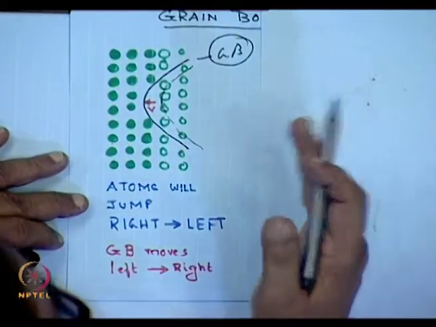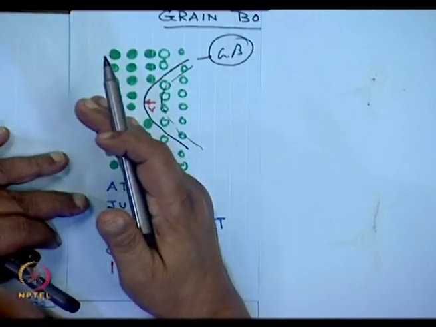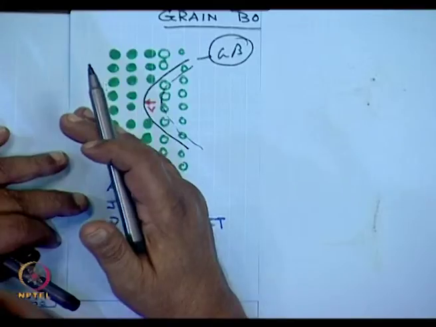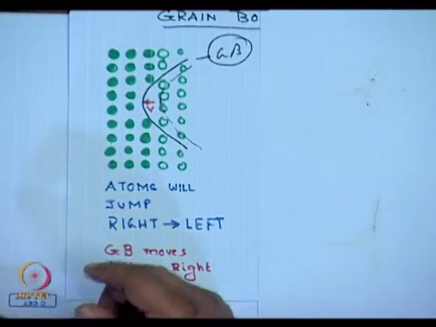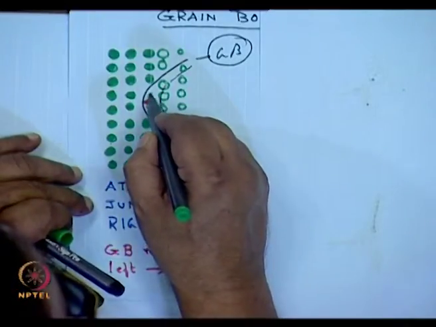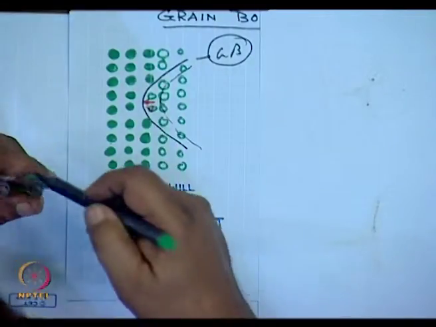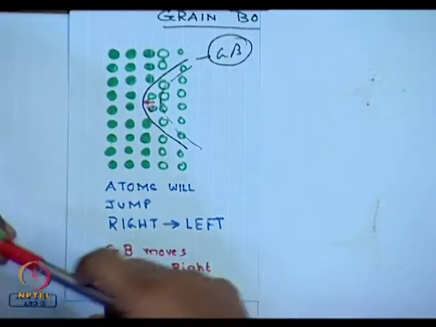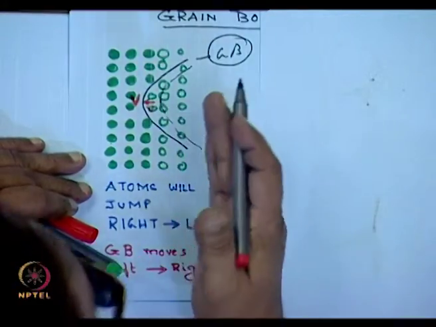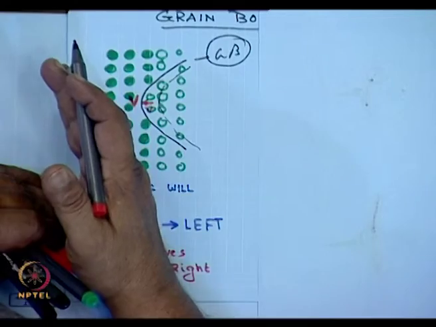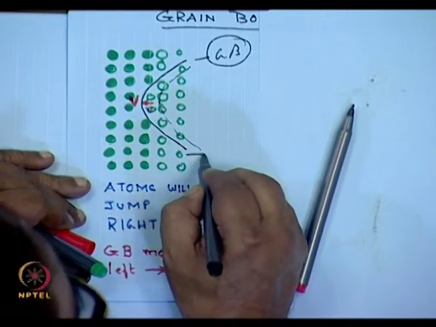So, the vacancy in this particular diagram moves from right to left, because, very simply, if this vacancy has moved, how would it look? This becomes a packing, and this would become a vacant spot. So, the vacancy moves from right to left and the grain boundary moves from left to right.